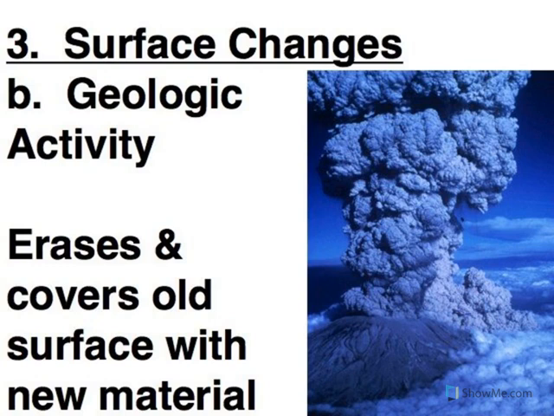And if you have plate tectonics or volcanoes, you are going to have the release of new material. In the case of a volcano, you've got lava coming out, and that new material is going to cover up the old material. So you have brand new stuff on the surface that wasn't there before.